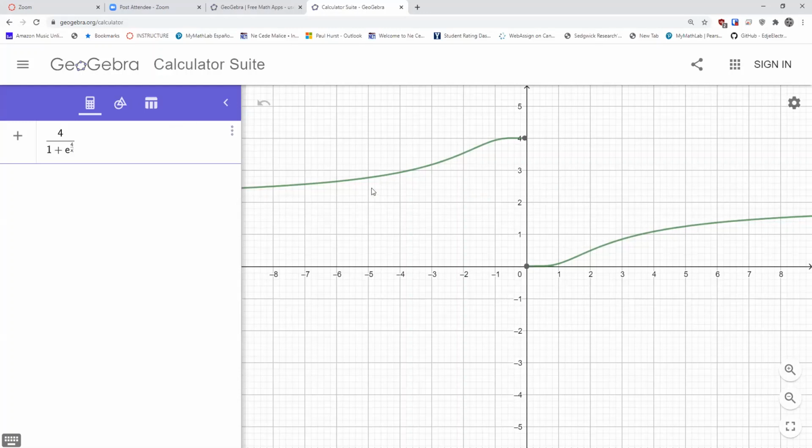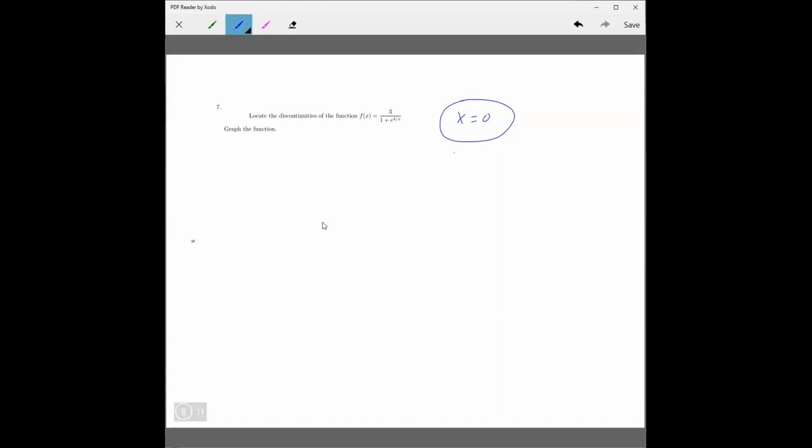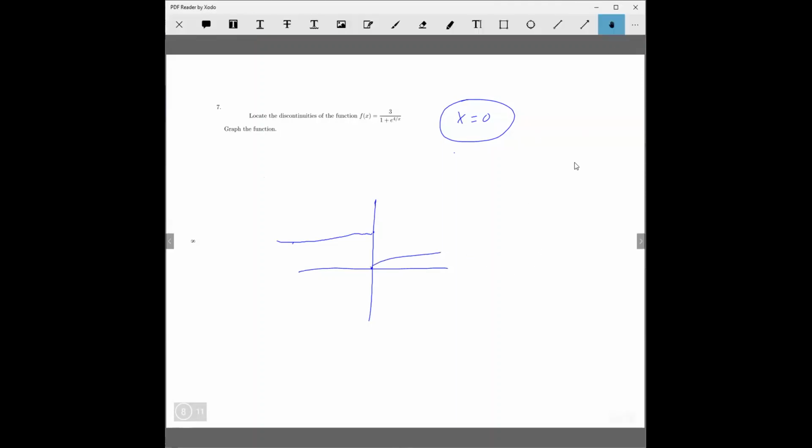Okay, so let's go back to the other one. It's going to look something like, it's weird, it comes like this, and then here it goes up like that. Something like that. Okay, so anyways, we'll move along.